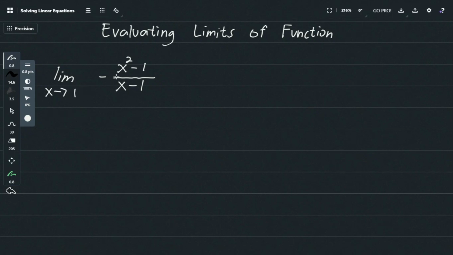Okay, so let's try to use the substitution strategy. So all we need to do is just substitute the value of x into this function. Okay, let's try.